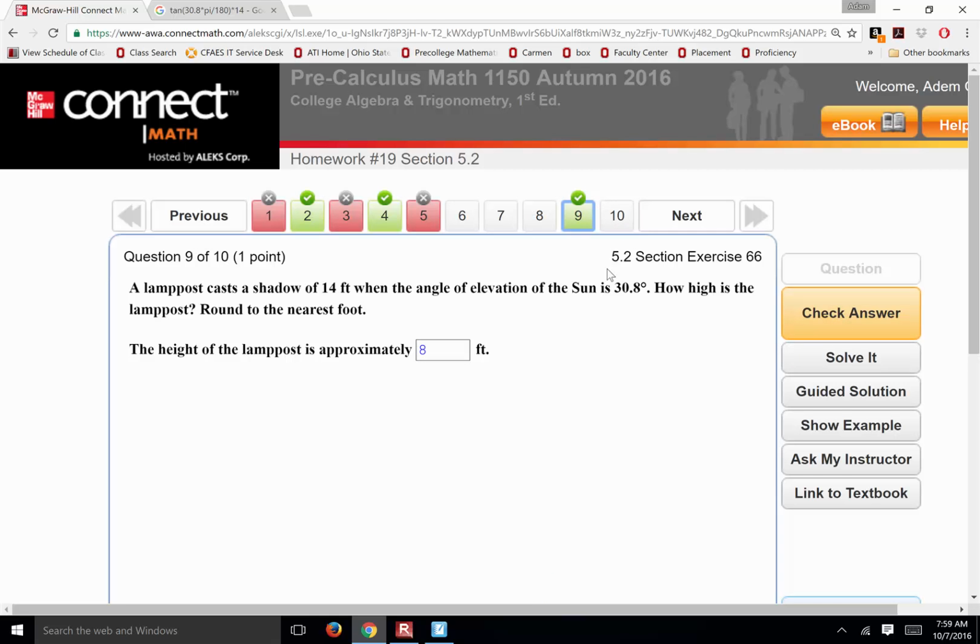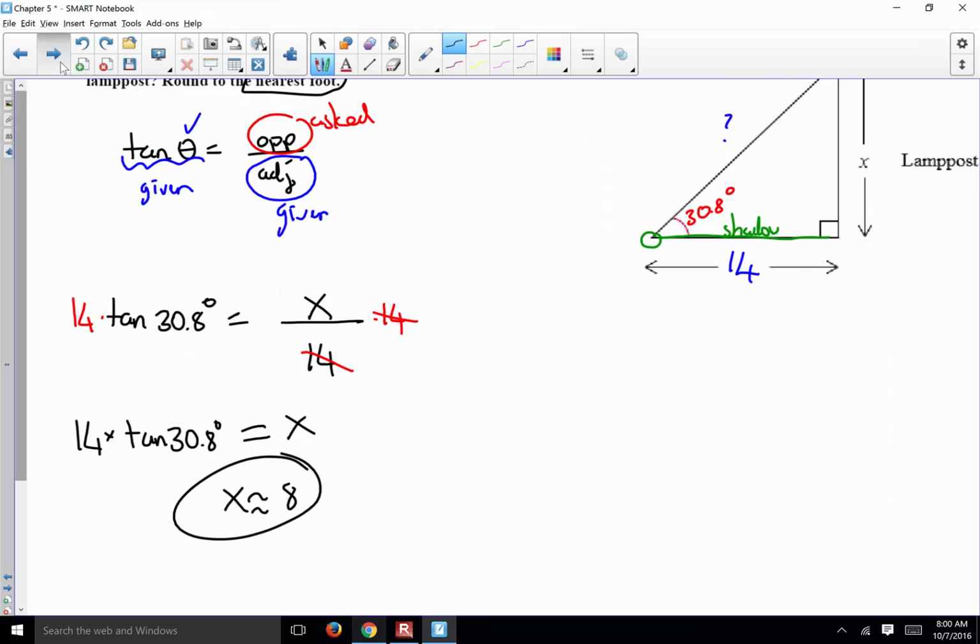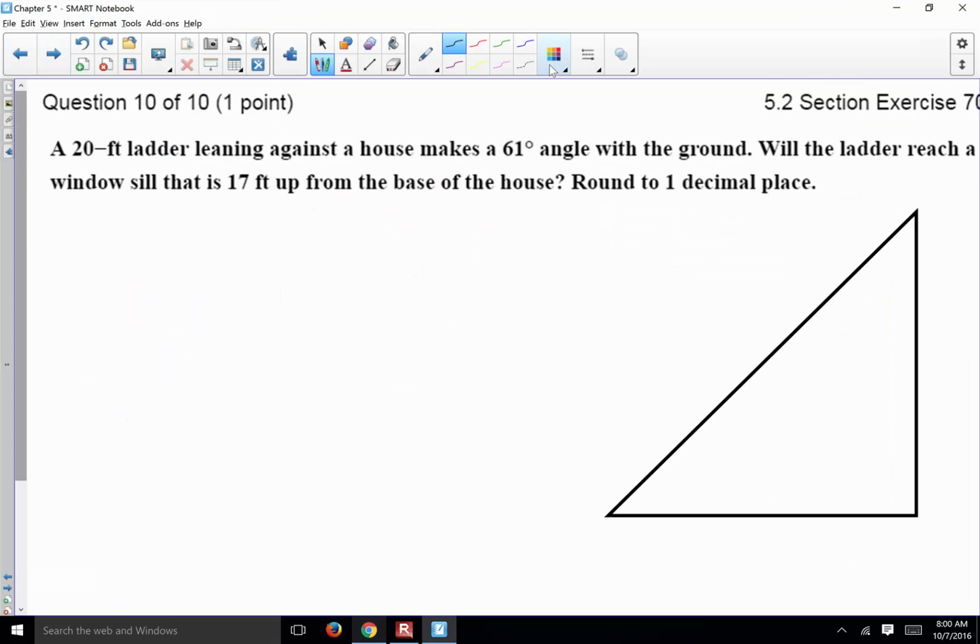Alright, number 10, and our last question here. Pretty much the same setup. This time the scenario is different. There is a building here, a wall of the building. This is the wall. Alright, and you are putting a ladder here. Can you imagine a ladder here?